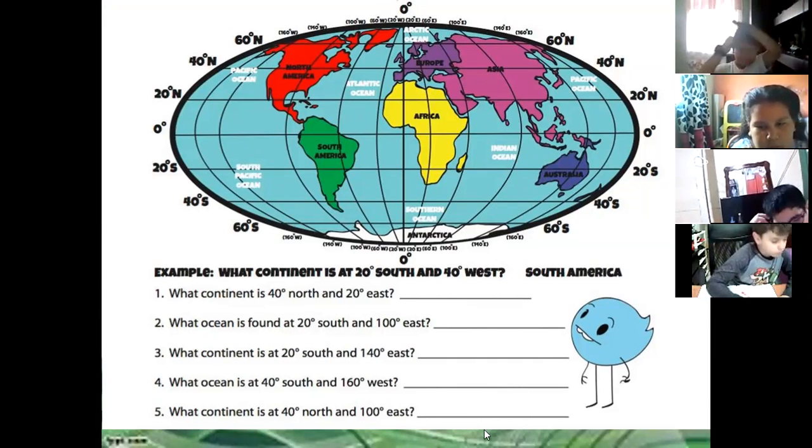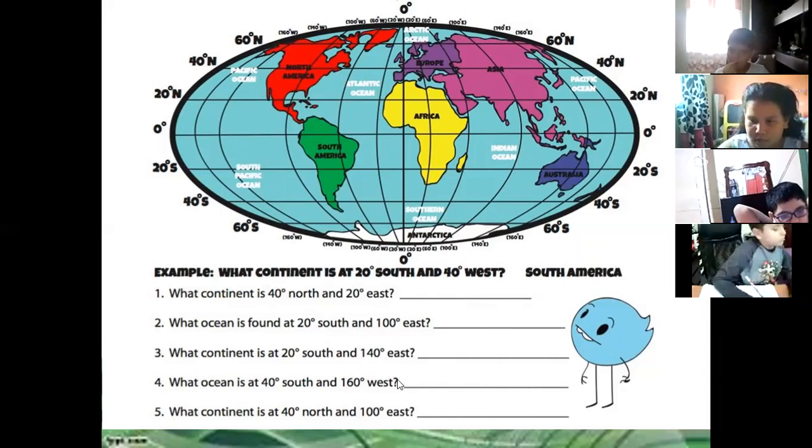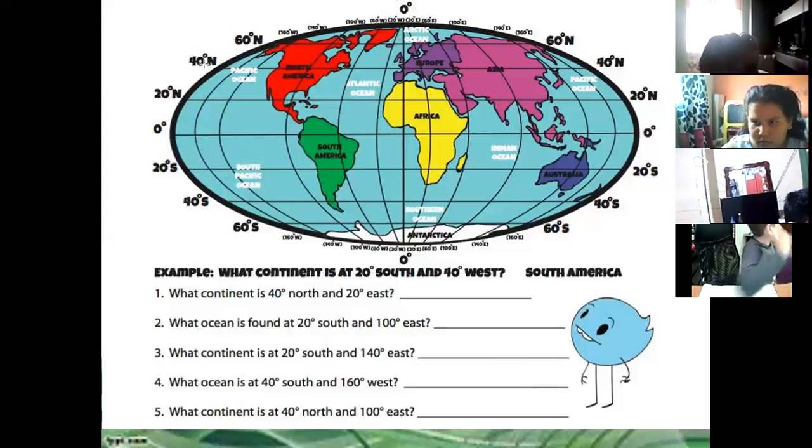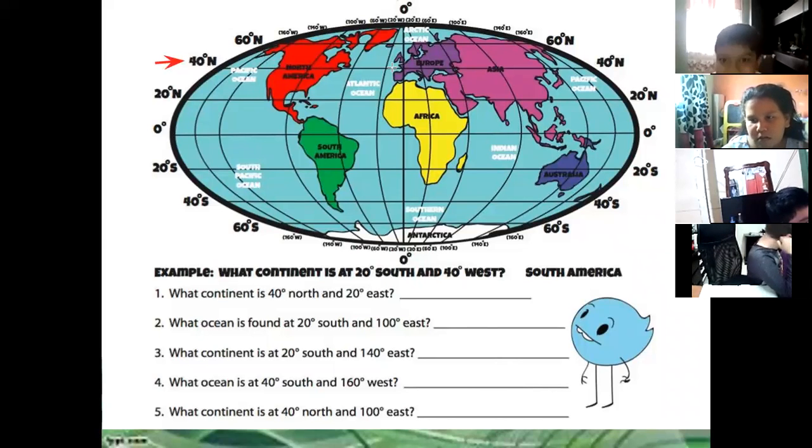So first of all, we need to find north, which is up, and 40 degrees north is here, right? This one. 40 degrees north is this line. Found. And 20 degrees east.